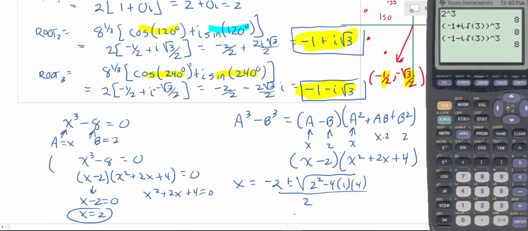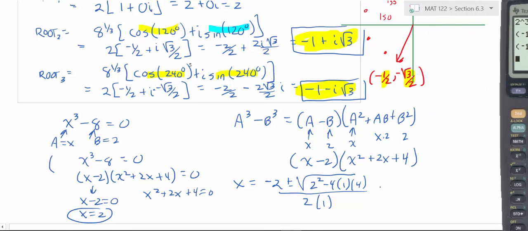Okay? Now let me show you what happens. Now this will wow you. I mean, you're just going to be amazed by this one. This is negative 2 plus or minus the square root of 4 minus 16, all over 2. So that's going to be negative 2 plus or minus the square root of negative 12 over 2.